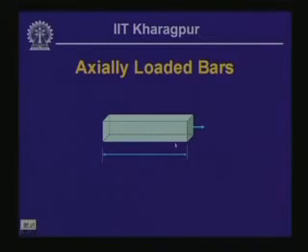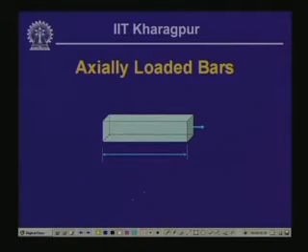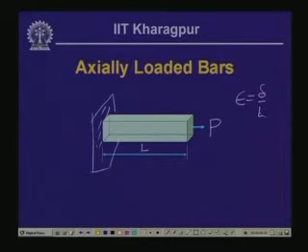Now, for an axially loaded bar, if we are interested to compute the strain, let us assume that this particular bar is fixed at this end, the length of this bar is L and subjected to a pull P. Thereby, if delta is the extension, then the strain is equal to delta by L.